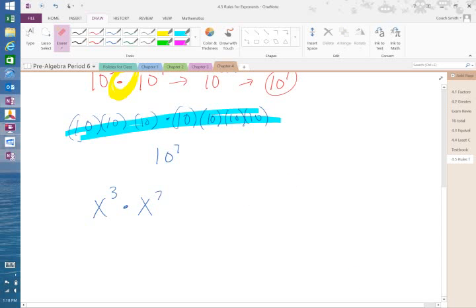Okay. So, x to the third times x to the 7th. This only applies on multiplication. So if we put the two things together, that would give us x to the 10th power. And that's your answer. Okay. How you got that answer, once again, is you said x to the 3 plus 7 power. 3 plus 7 is 10. That's where we got x to the 10th power.